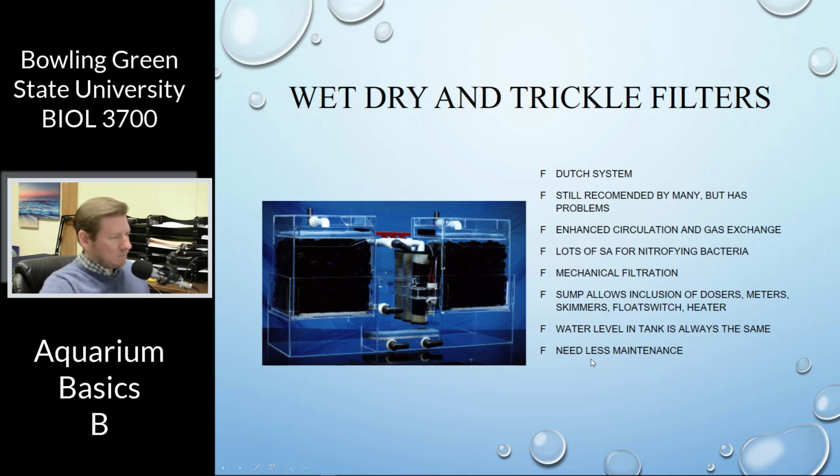A couple things about these is the water level in your tank will stay the same, which is nice because you're drawing the water off, and there's a few ways to do that. We'll get to that later. But water evaporates a lot. You probably figured that out by now, and you're continuously adding fresh water to your system to replace that water that's evaporated.